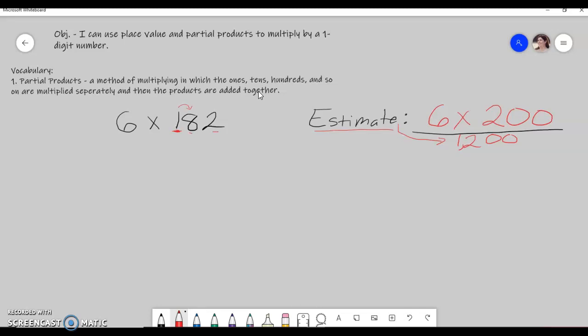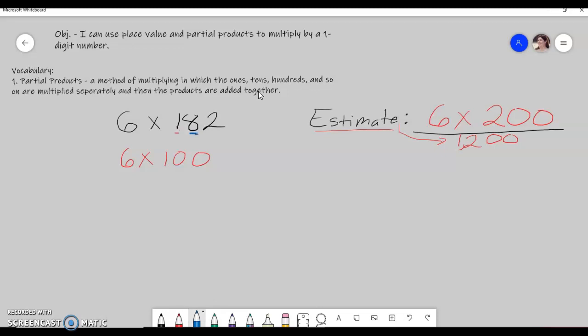So now as we start working on this problem, we'll be able to see if our estimate can help us determine if our answer is reasonable. So what we're going to do is break this apart by place values. First up, we've got the hundreds place. So we're going to break this up: 6 times 100. Okay, then we've got the 8. But that's not really 8, is it?